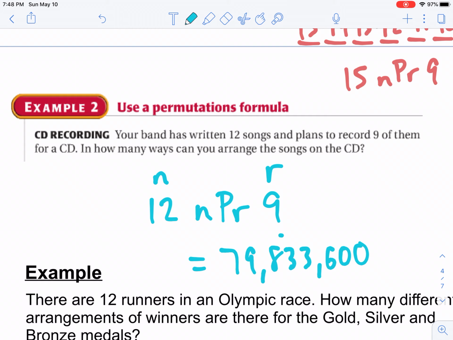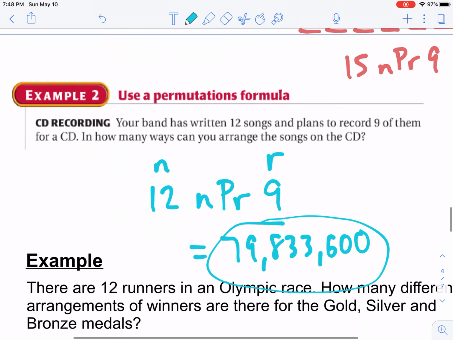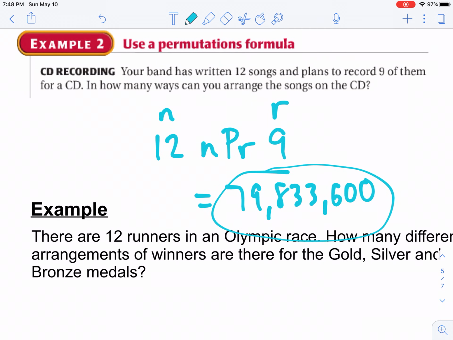Okay? It's really massive when you think about it, because you have 12. Basically you're selecting groups of 9 from 12 total things. So there's a bunch of different ways you could select just 9 songs, and then you're ordering all of them. So how many different orders could you think of? All right? It's really a very massive number.